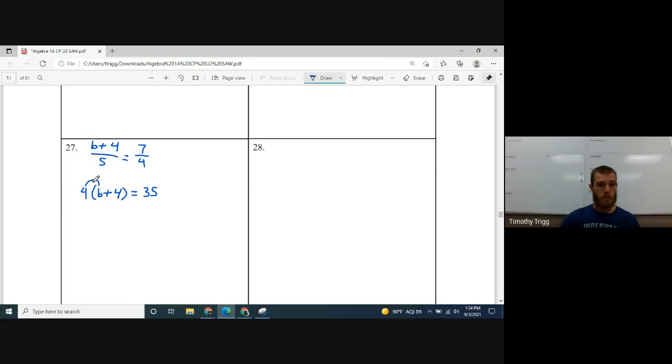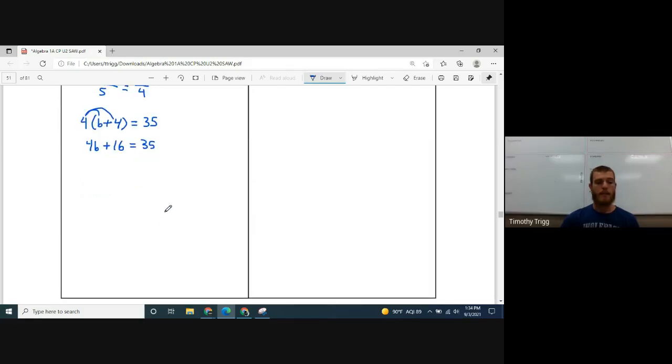Let's go ahead and distribute this 4. The 4 multiplies with the b and also with this other 4. So that's going to be 4b plus 16 equals 35.